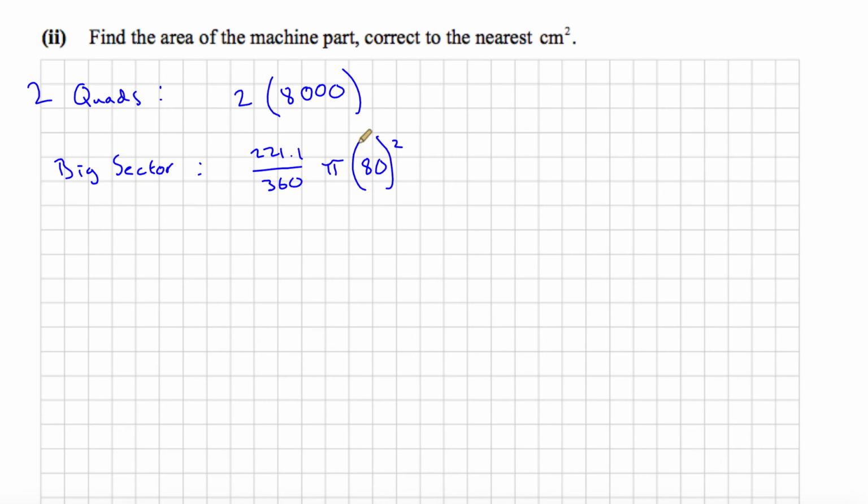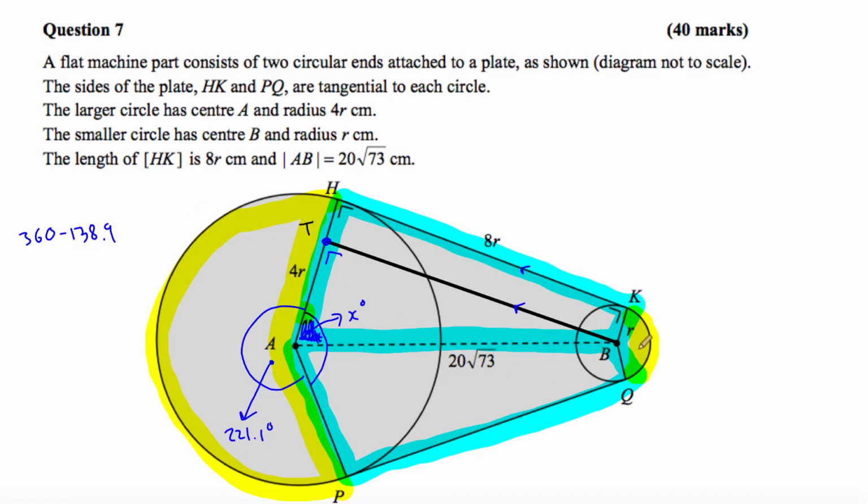Then I'm going to look at the small sector. So the small sector down here, the angle HAP, which I know, is going to be the same as the angle KBQ, because KB and HA are parallel. So that angle there is actually going to be 138.9 degrees as well.